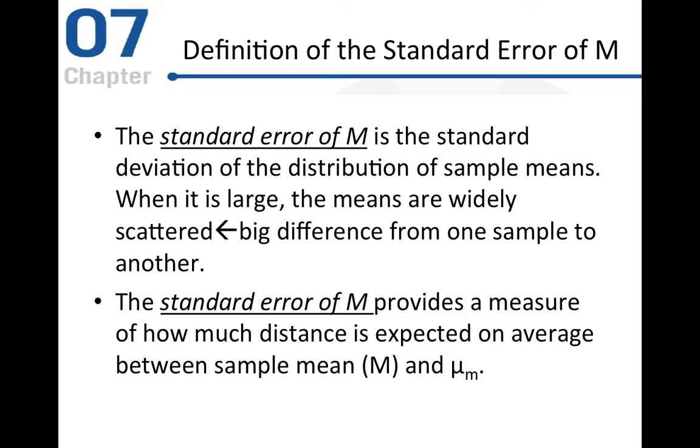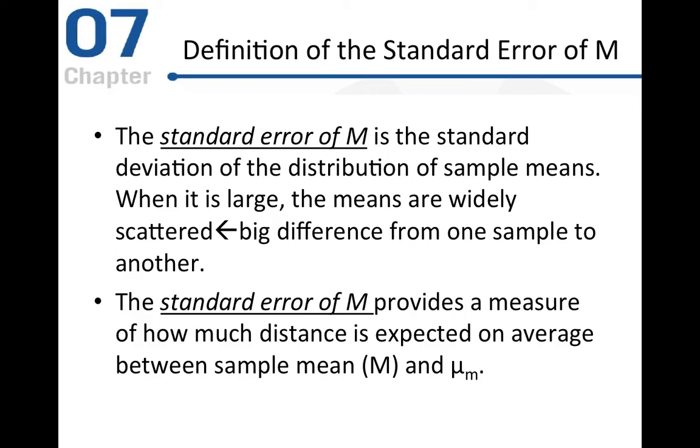If we had a high standard deviation, that means there is a lot of variability, the range, the scatteredness that you would witness in your distribution would be much greater. This suggests that there's a big difference from one sample to another. It's the same concept as when we talked about standard deviation.